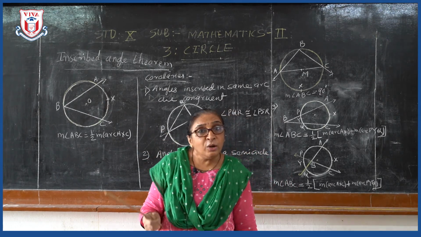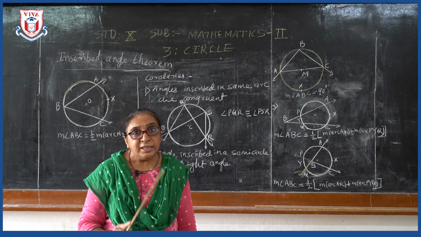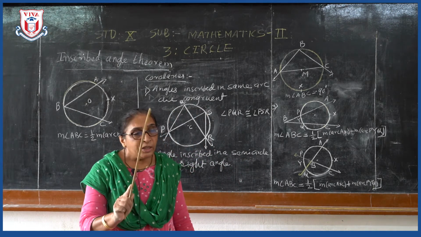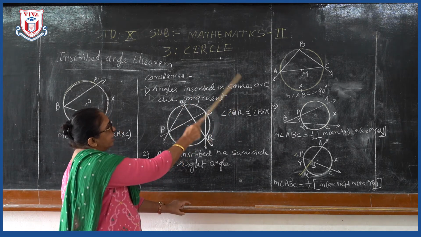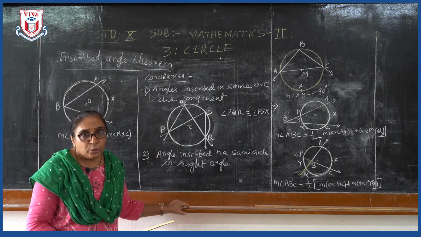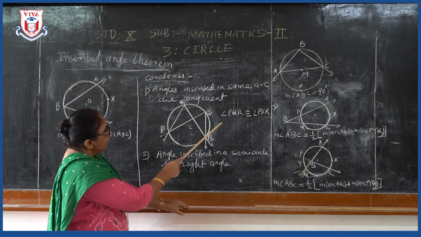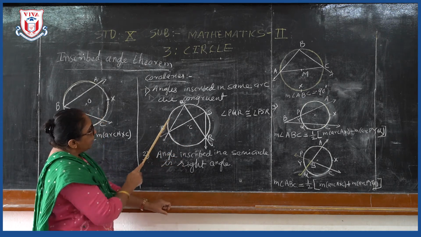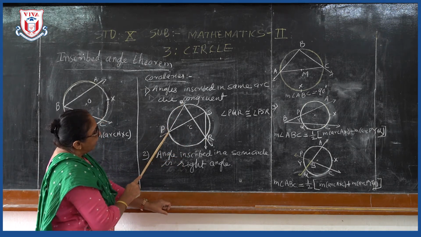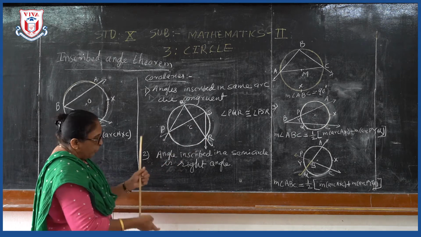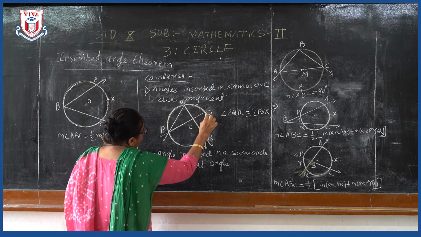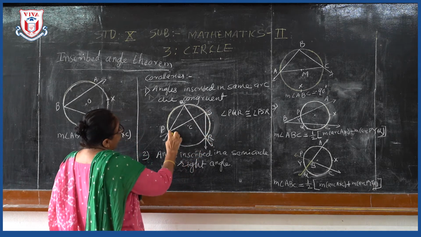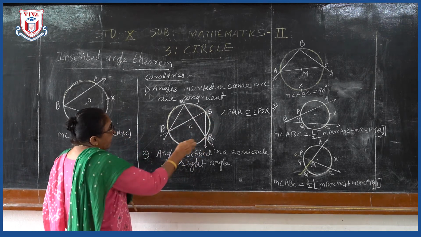Now, let us see the corollaries of this inscribed angle theorem. The first corollary is: angles inscribed in the same arc are congruent. Now, see in this figure, angle PQR and angle PSR both are inscribed in this arc PQR.